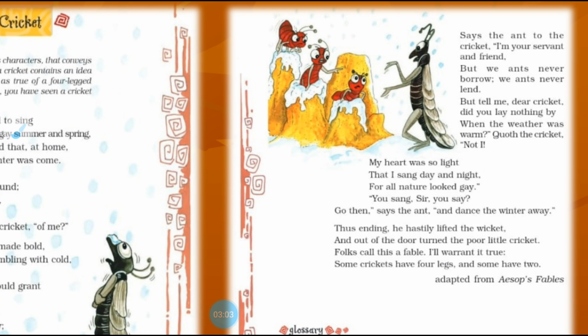But there was a rule for the community of ants, and it was a very great line said by the ants: the ant neither borrowed nor lent. Imagine the smallest insect on this earth having such great idealism, that they neither borrowed nor lent. The ant said this to the cricket.